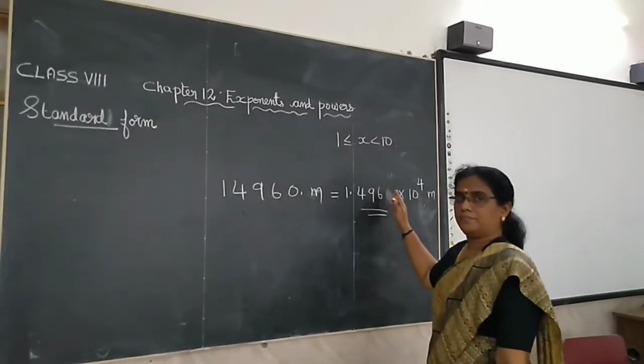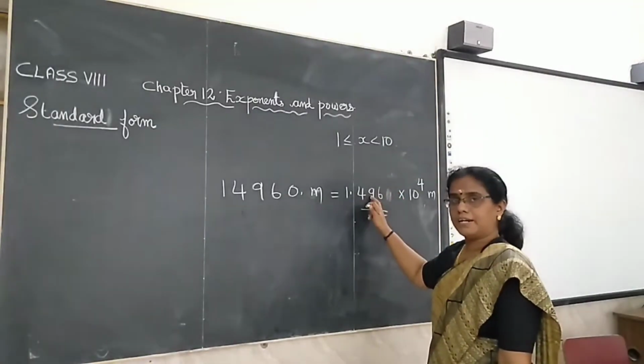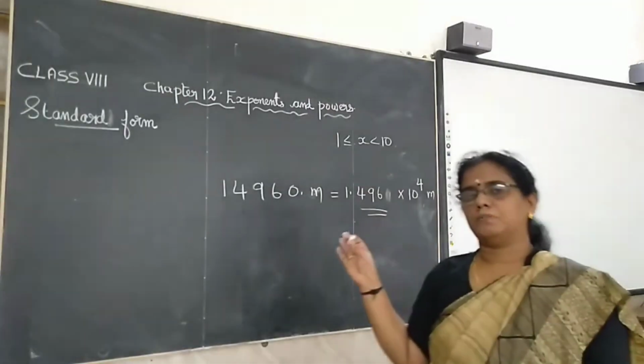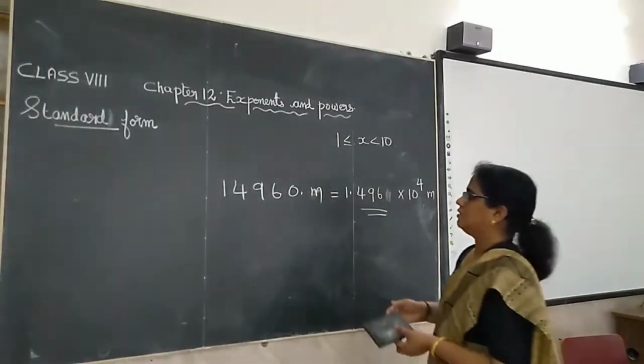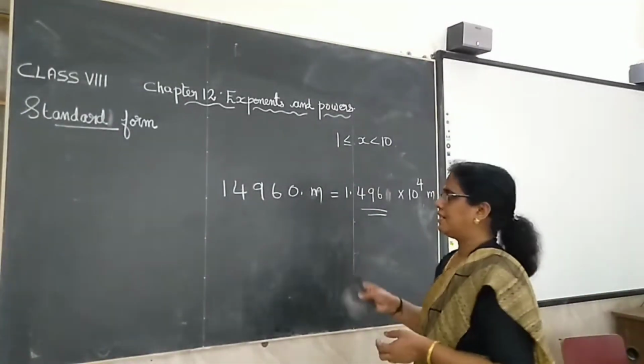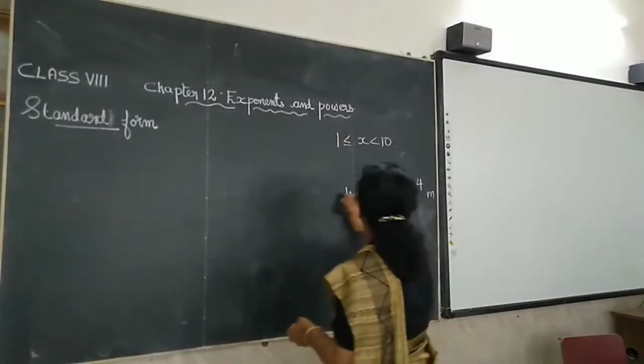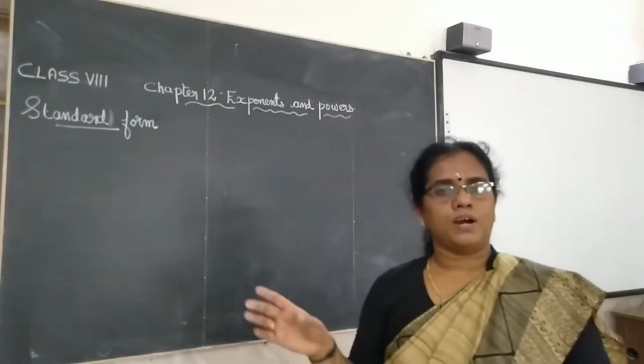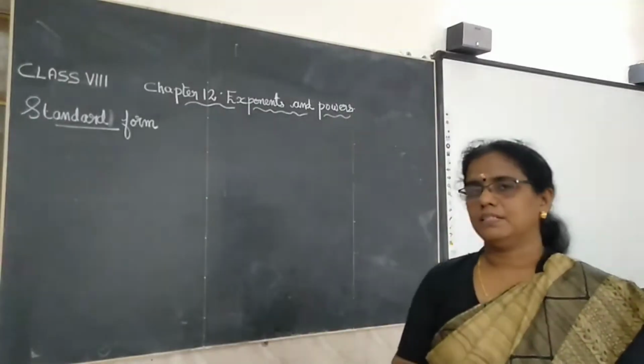But if a 0 is in between, you have to write it. So this is the way to write numbers in standard form. I hope all of you understood how to write numbers in standard form.